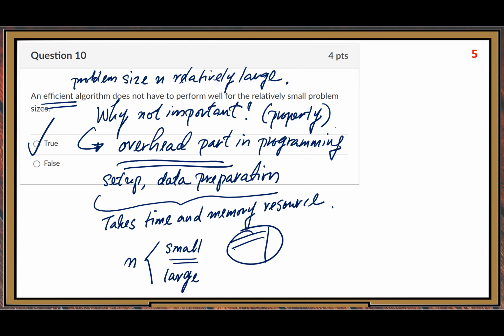The overhead part takes the larger share, and the algorithm part only takes a small portion. In that way, if you look at the total time, it could be slow, but there is a big distortion by the overhead.